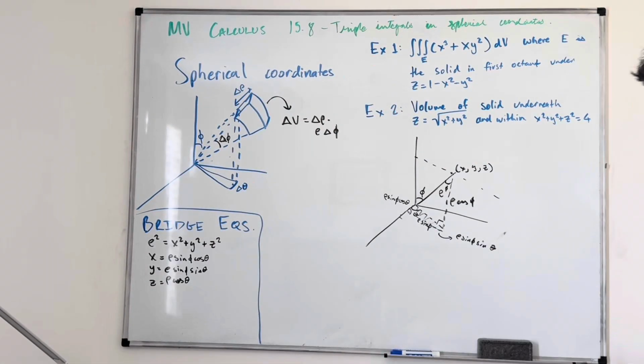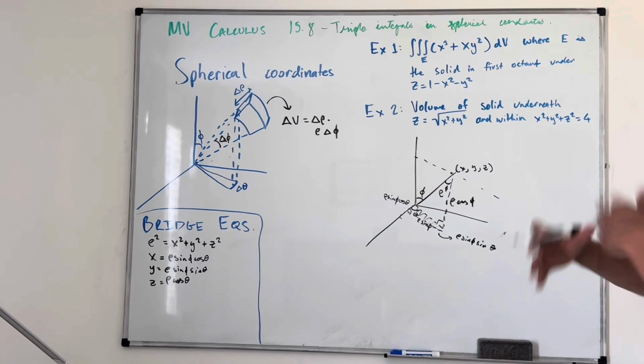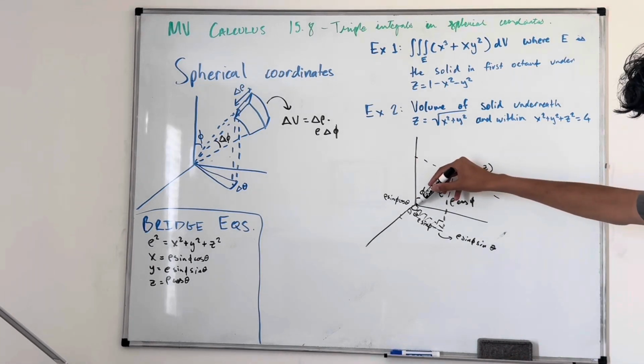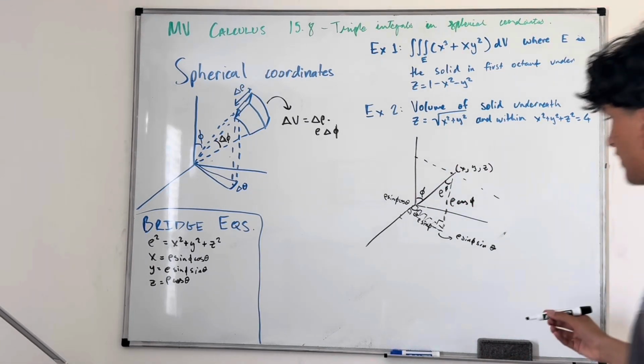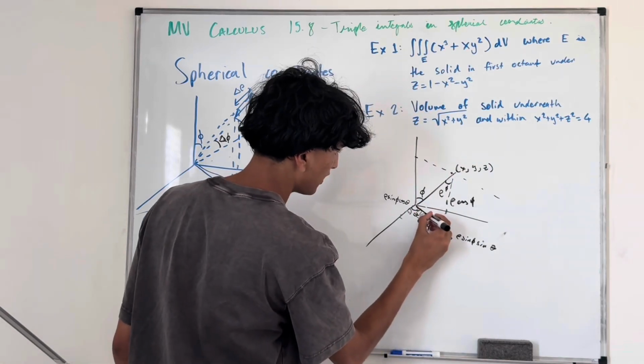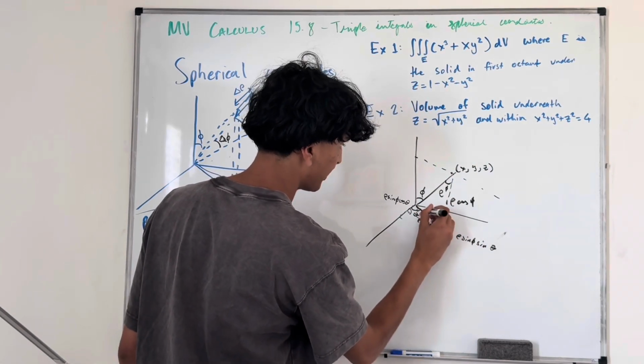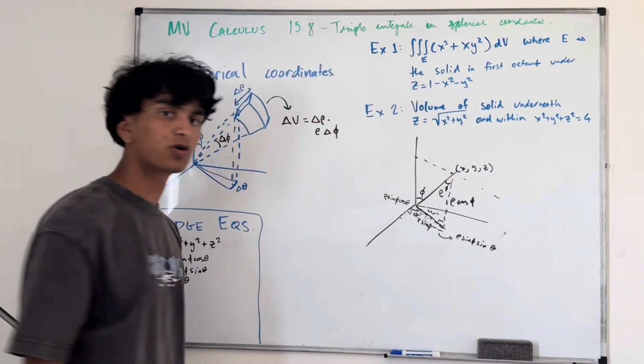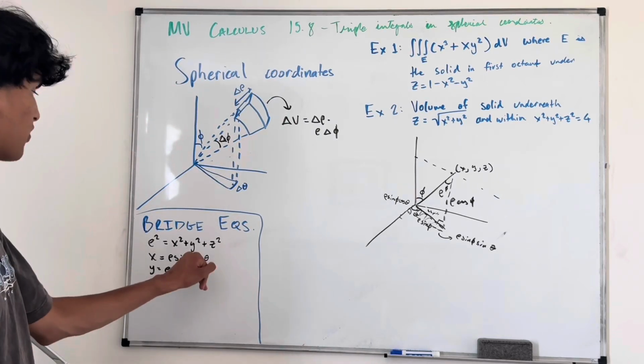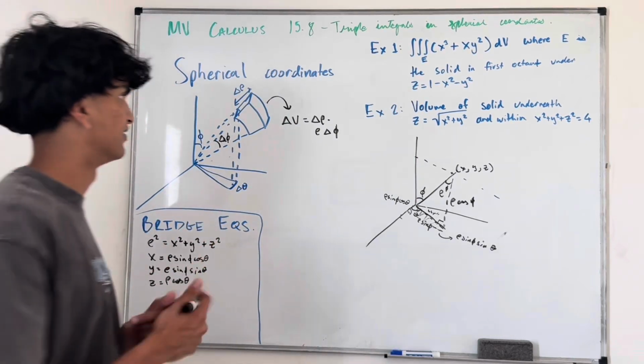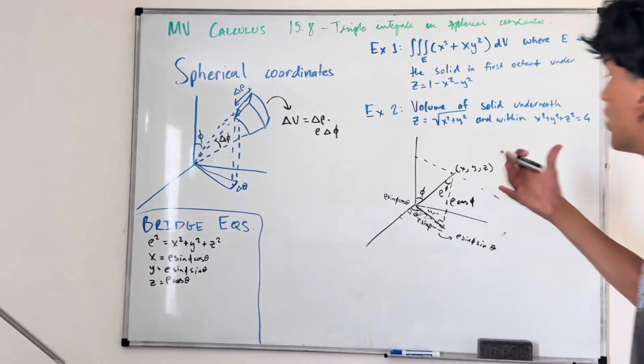Hopefully the x and y make sense, because in polar coordinates, this rho sine phi right here just represents r. So this is like r cosine theta, r sine theta. It's consistent, it's just that now r represents rho sine phi.